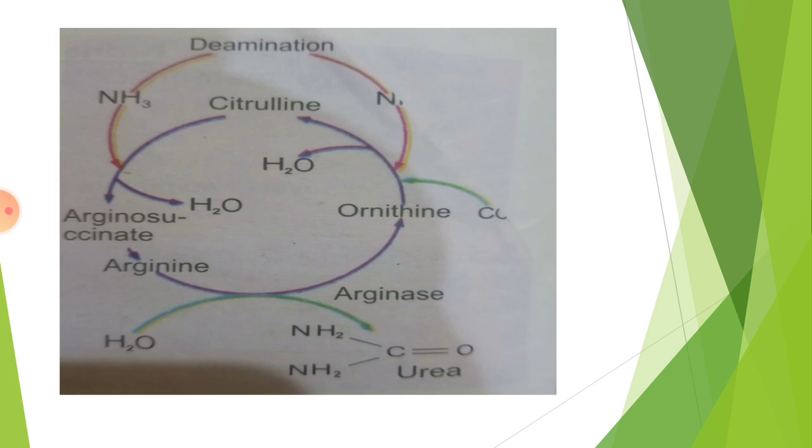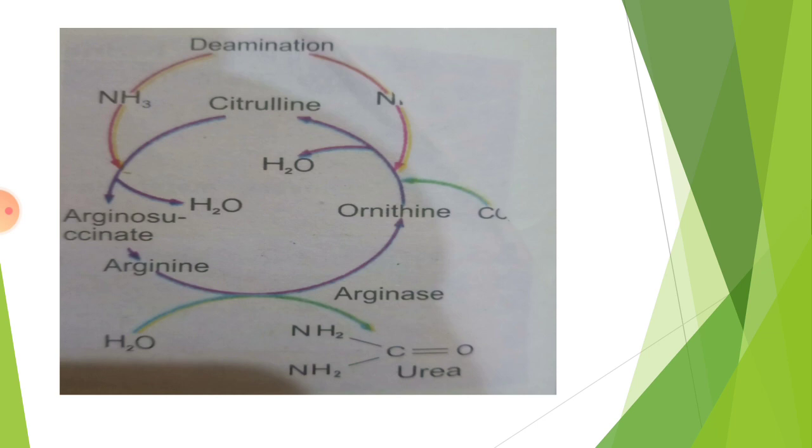This is the diagram. I'm really sorry that after deamination of the amino acid, what is deamination? When the amino group is separated from the amino acid, it is called deamination.